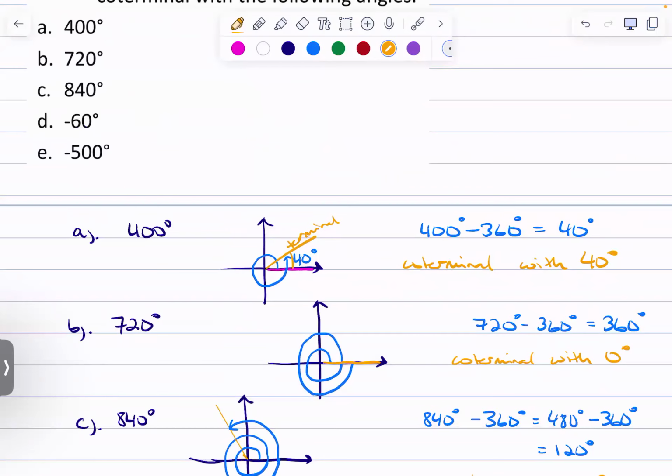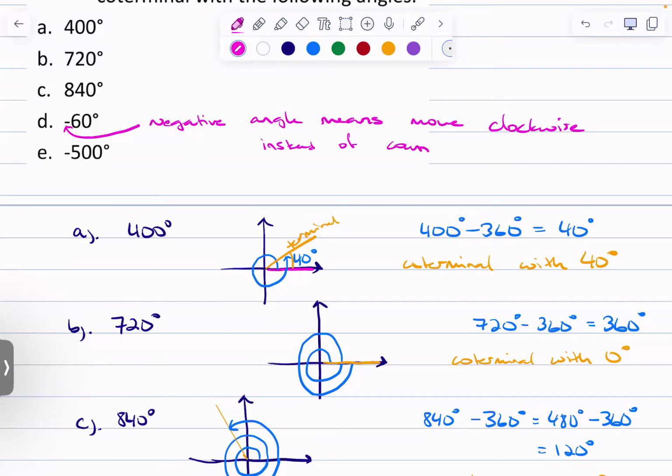Negative angles just mean that you're moving clockwise instead of counterclockwise, which we usually do.